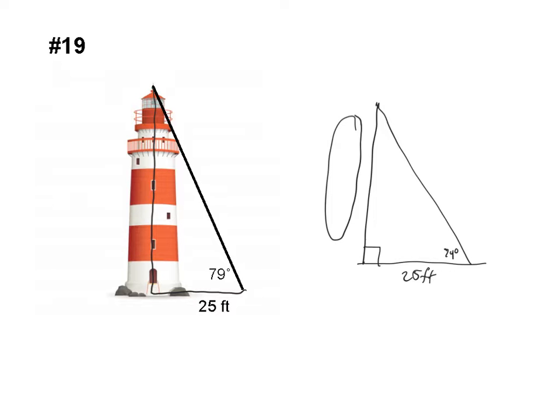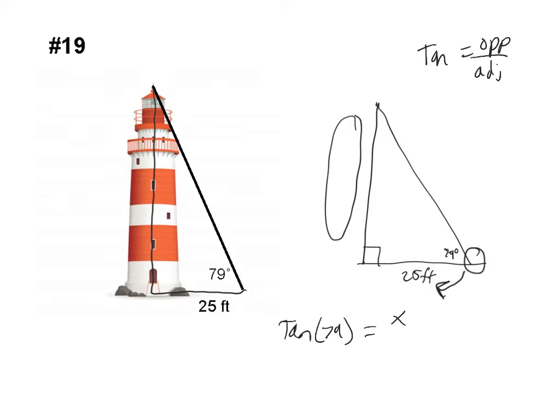And so there's a way that we could use those ratios that we learned to solve that. So let's use this angle that they give us right here, angle 79. Notice we have what's adjacent to that angle, if we're focusing on this angle, and we're trying to get the opposite. And we know that tangent is opposite over adjacent. So we can use tangent to help us solve this. So we'd say the tangent of the angle that we're working with, 79, equals opposite over adjacent.